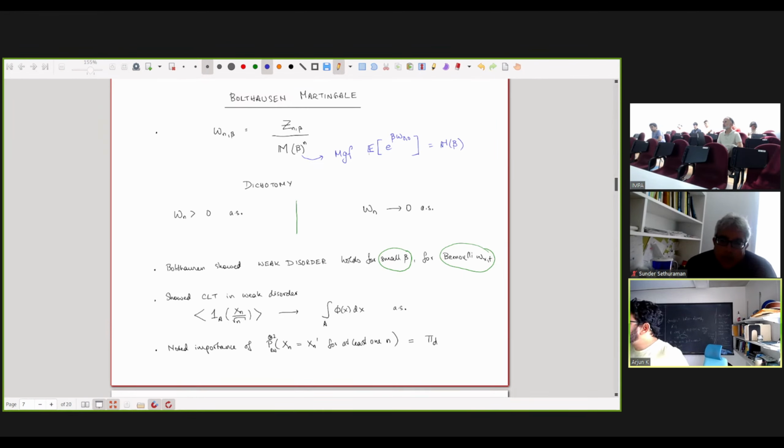I'll use this script E for expectation with respect to the weights. And previously I had written E as well, maybe if I have some transition probability, this is expectation with respect to the base random walk.